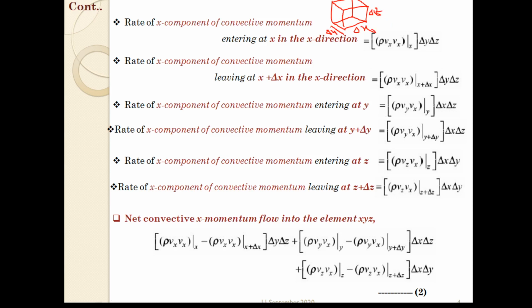At the x phase, entering in the x direction, the area will be del y into del z. The momentum equals mass into velocity, so the mass is rho into Vx into del y del z. If you multiply by the velocity again, we get the momentum term. So the momentum at the x phase is rho Vx into Vx into del y del z.